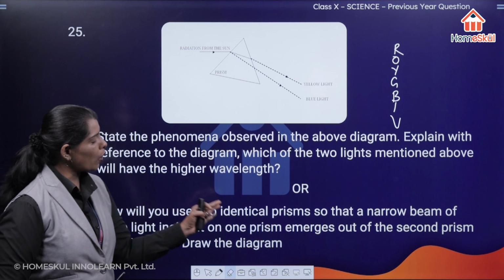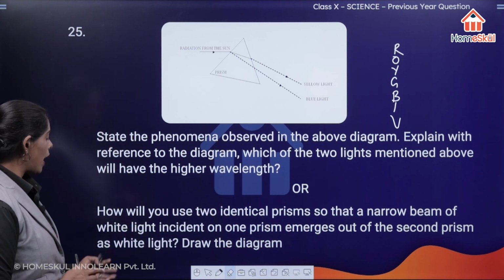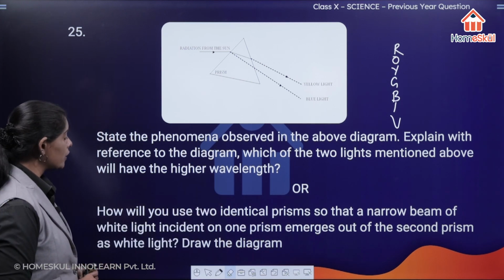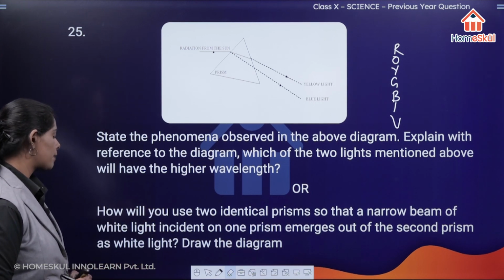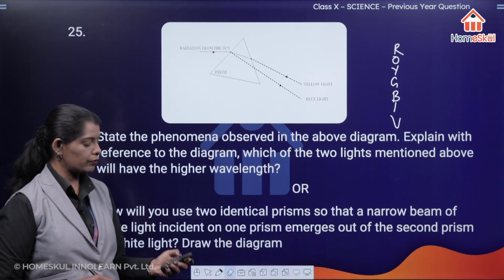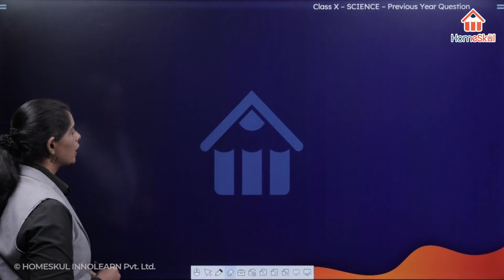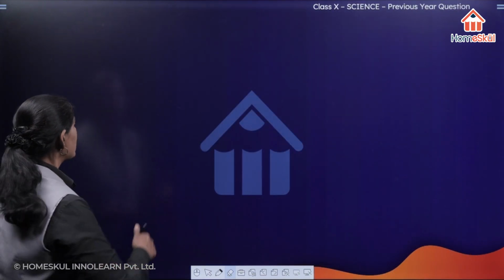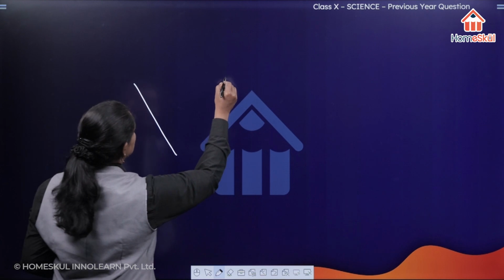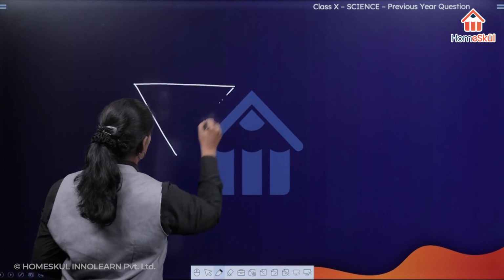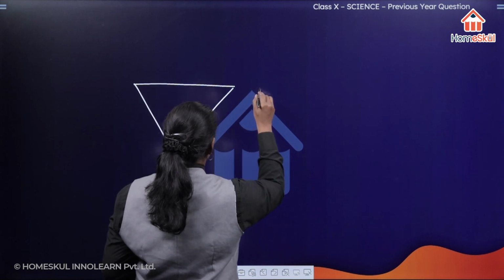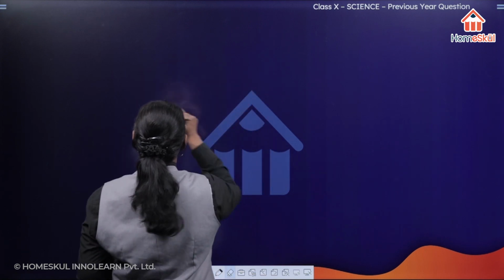How will you use two identical prisms so that a narrow beam of white light incident on one prism emerges out of the second prism as white light? Draw the diagram. So, let's go for it. We know that Newton has explained the phenomena, wherein two prisms were taken and one was kept in an inverted position.